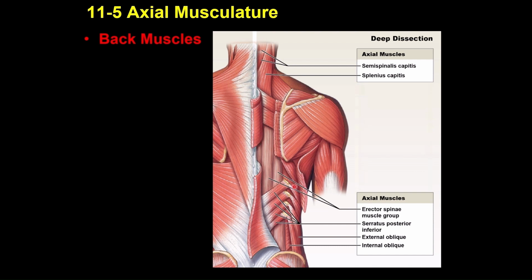Okay, and you also have these muscles that you can see. These are called serratus posterior inferior, which brings the ribs downward. And these muscles that are not labeled here, you can write it down if you want. That's called serratus posterior superior.